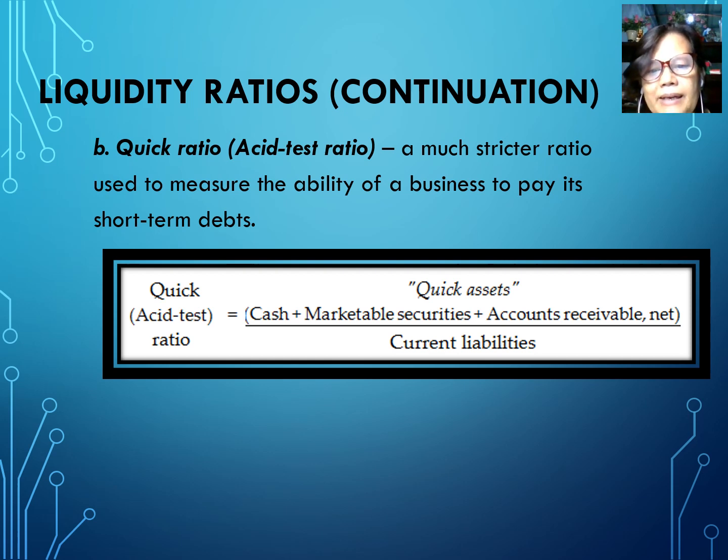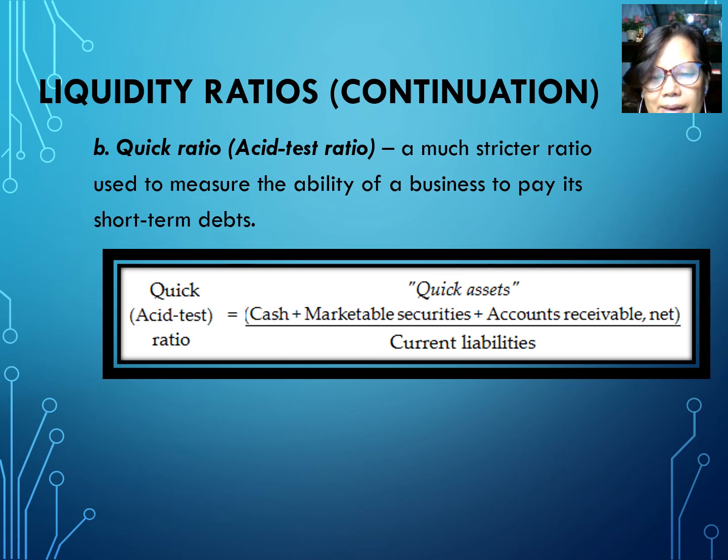Cash, marketable securities, and accounts receivable. Samantalang yung merchandise inventory, ibebenta mo muna. Then bago siya maging accounts receivable kung ikaw ay nag-grant ng credit. So, medyo matagal-tagal ma-convert si merchandise inventory. So, kaya, pag sinabing quick assets, madaling ma-convert into cash.